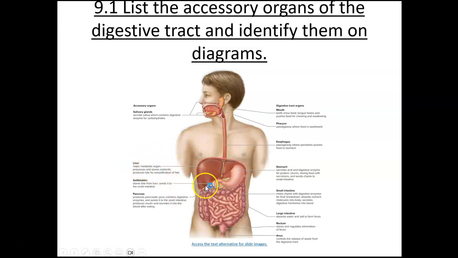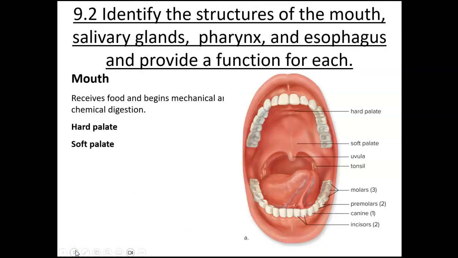The liver right here, that giant organ, our largest organ. The gallbladder, we're going to talk a little bit about that, tucked up under the liver. And the pancreas is down here, tucked under the stomach. So we'll talk about all those, and those are the accessory organs. Make sure you can find those on diagrams. I think we'll stop right there.